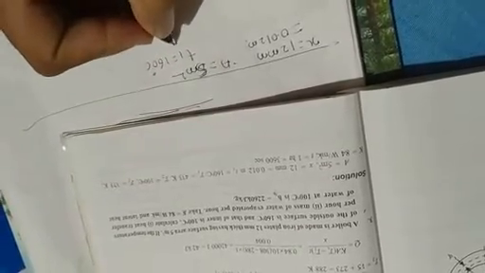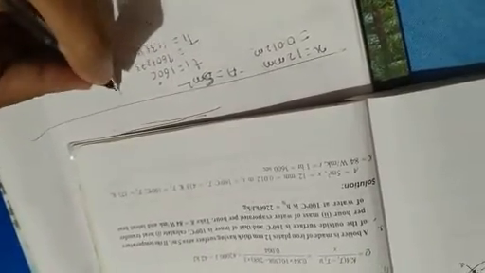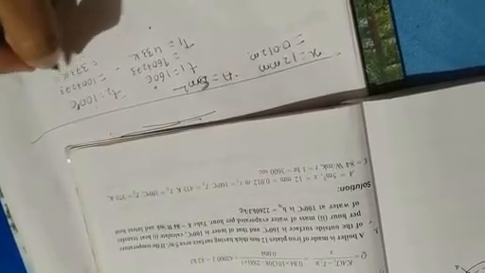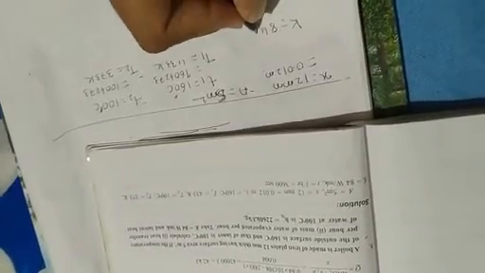Convert it into Kelvin: 160 plus 273, that is 433 Kelvin, capital T1. Inner surface T2 is 100 degrees Celsius, which is 100 plus 273 equals 373 Kelvin. Next, K equals 84 watt per meter Kelvin.